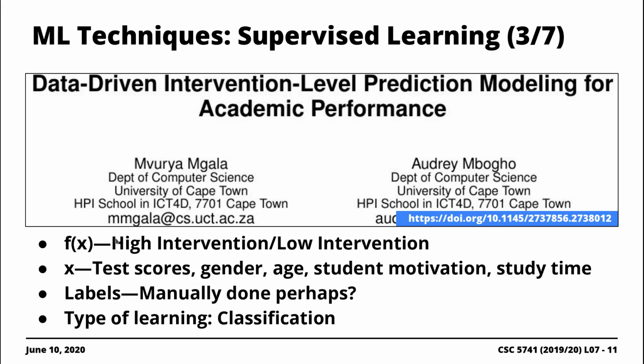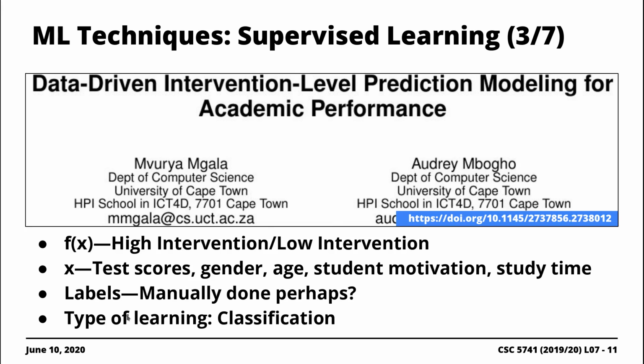So their f(x), or their Y, was a classification type problem where they were interested in trying to predict whether a student would require high intervention or low intervention, right? So a student requiring high intervention is more likely to fail. A student requiring low intervention is less likely to fail, right?